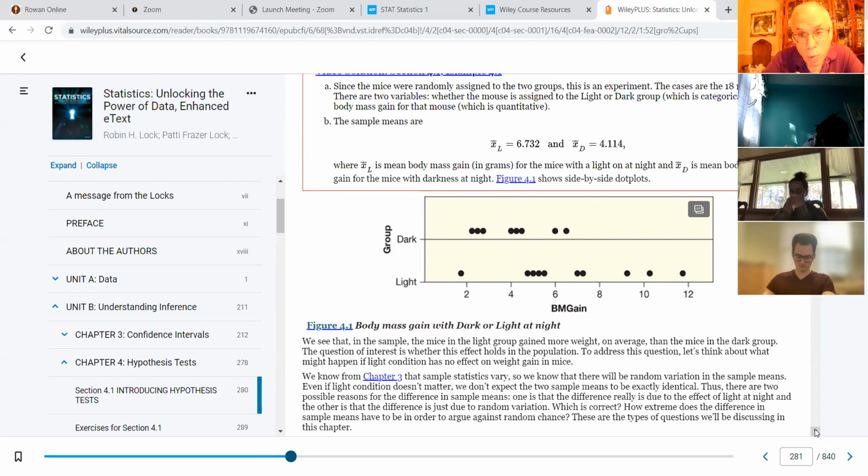Because if you gain weight as a result of sleeping at night, that's not a good thing. So that's what they're trying to determine. The researchers think that there is a difference. So basically what you have to do is learn a little bit of statistics to determine if that difference between the light group and dark group in the sample here is significant enough to make the claim that light does have a bad effect on mice.